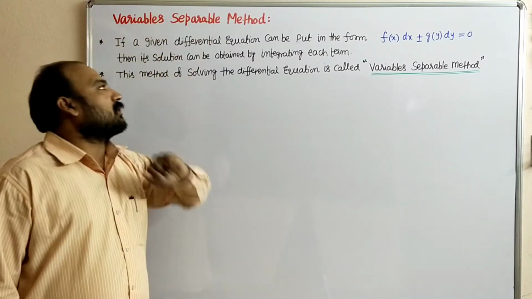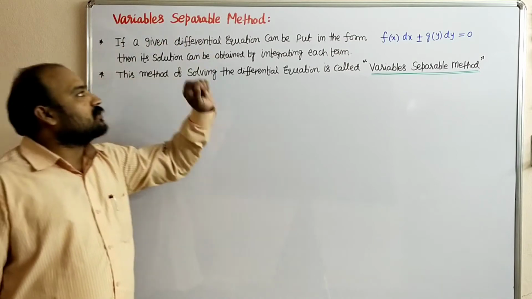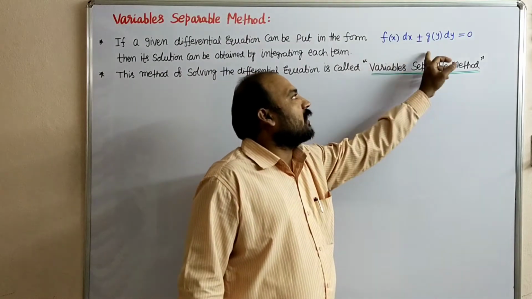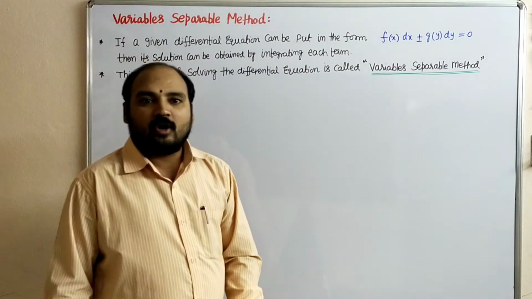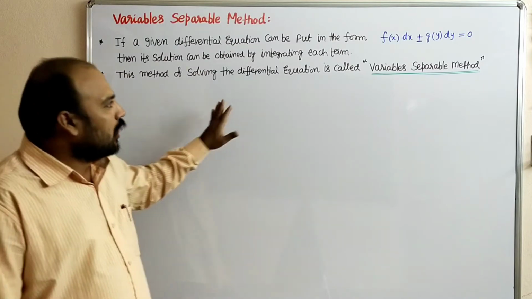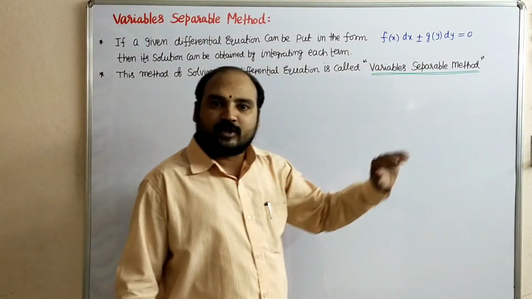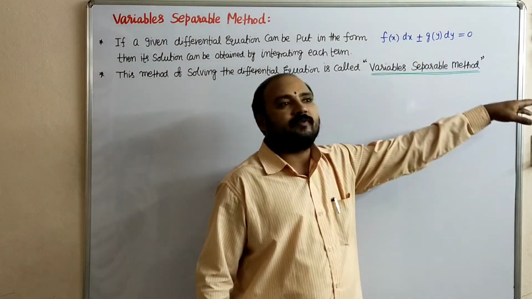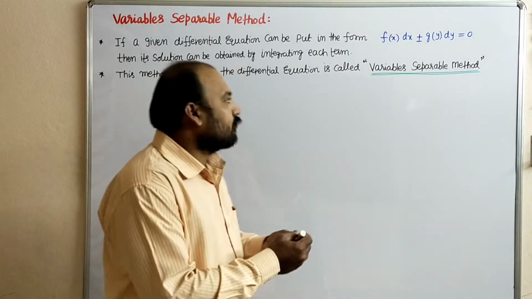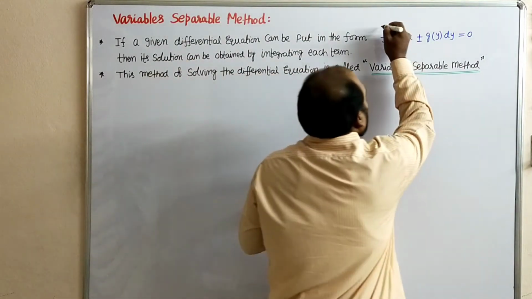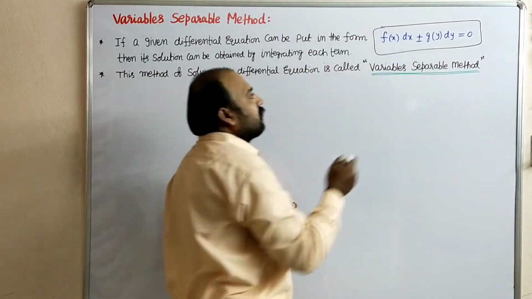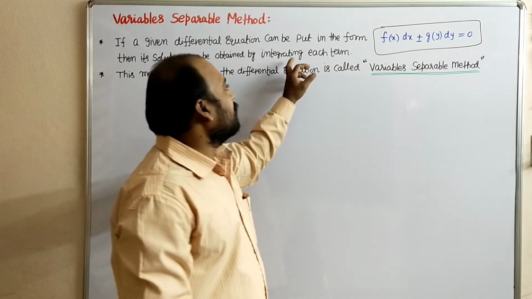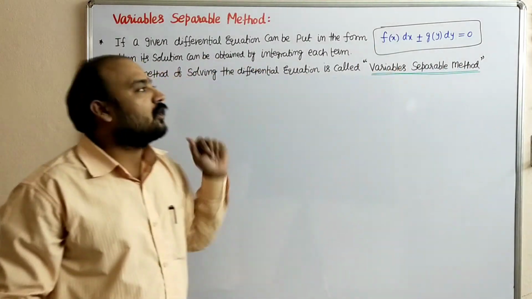The variable separable method: if a given differential equation can be put in the form f(x) dx plus or minus g(y) dy equal to 0, whatever the given differential equation is, you have to put it in this form, then its solution can be obtained by integrating each term in the equation.